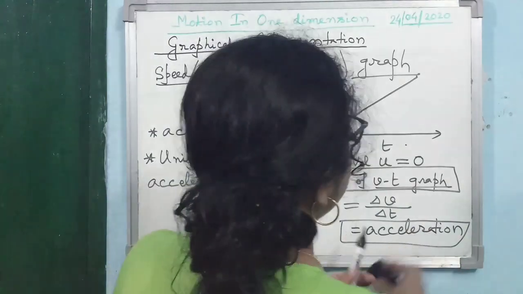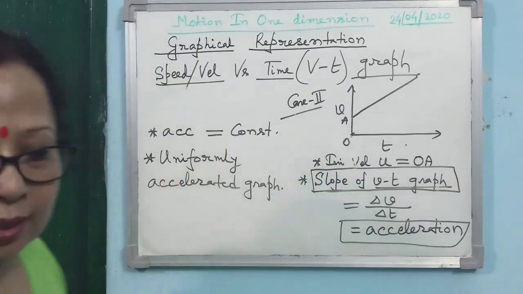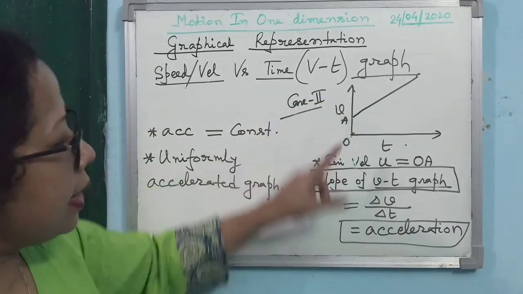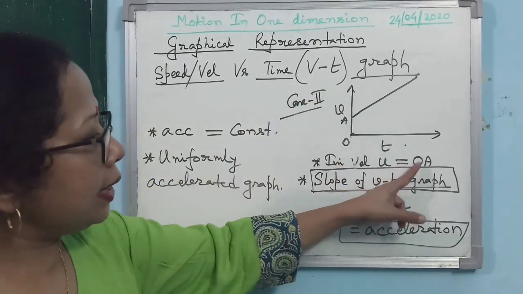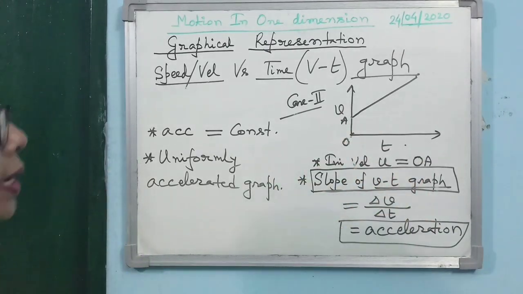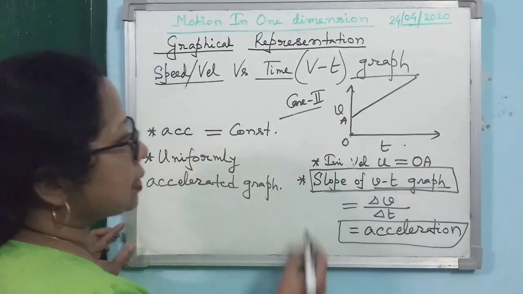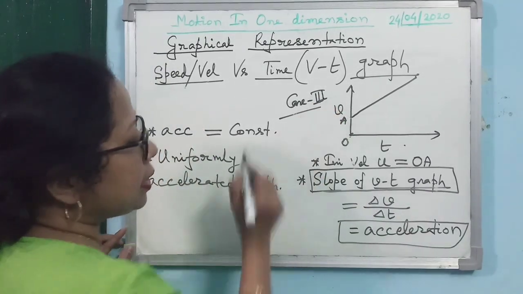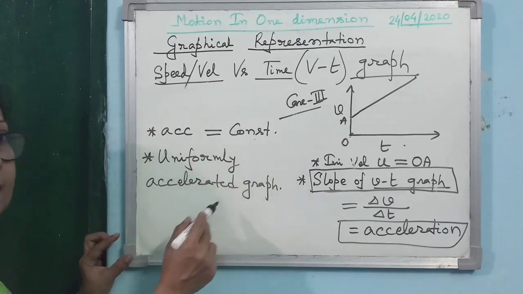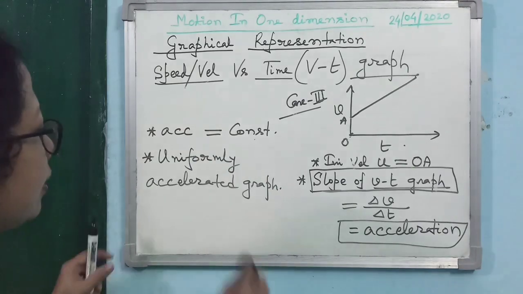Initial velocity is equal to OA. Is that clear? The y-intercept is equal to the initial velocity. And in this case also the slope of the velocity time graph will represent acceleration. This is the third case. Acceleration is constant, and it represents a uniformly accelerated motion.